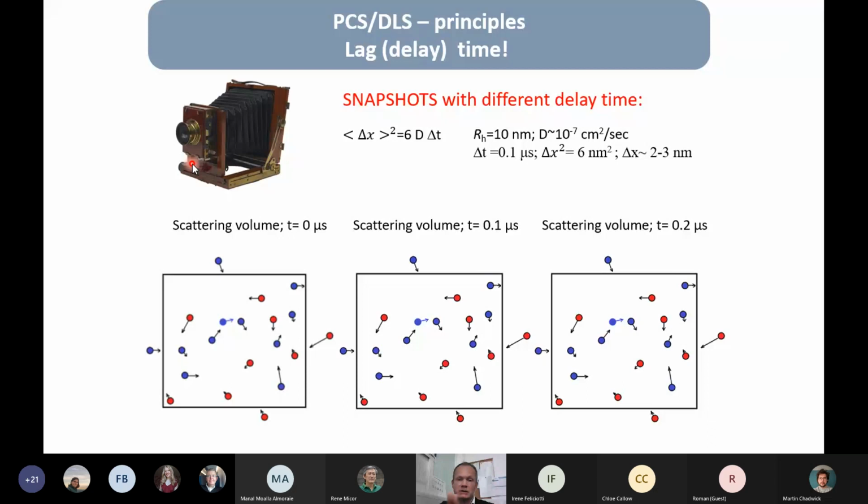So you can imagine this old-fashioned camera. We will make snapshots, and every snapshot will have a delay time or lag time between snapshots, and we will be increasing this delay time, starting from a very short period of time, like 0.1 microseconds, to very long times, up to maybe 1 second or 10 seconds, right?